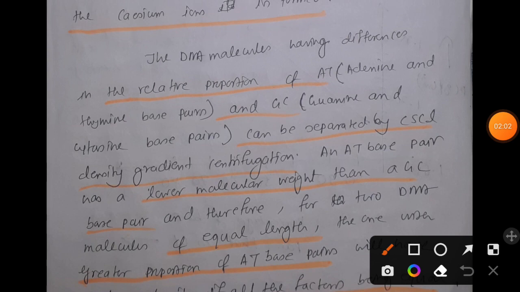Different DNA molecules have different relative proportions of ATGC, it is obvious, right? So remember that the molecular weight of an AT base pair is lower than that of GC, okay. Now try to think about this: the DNA molecule which has a higher proportion of GC has a higher molecular weight, right?